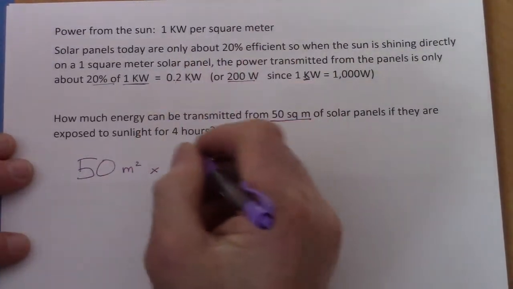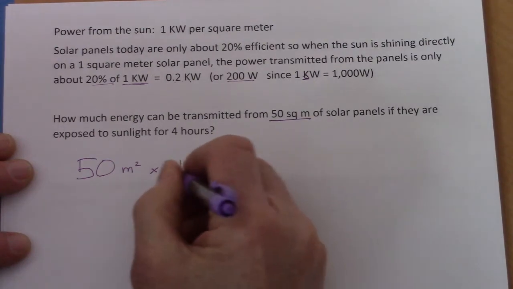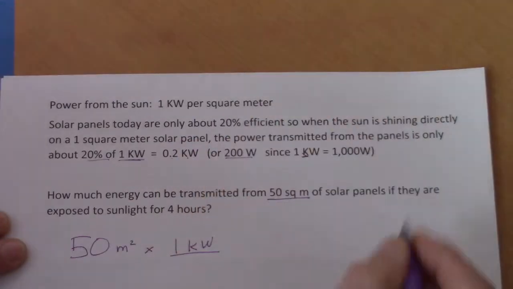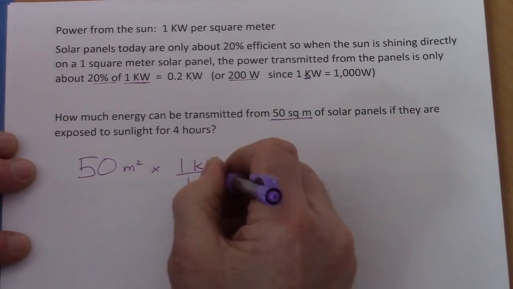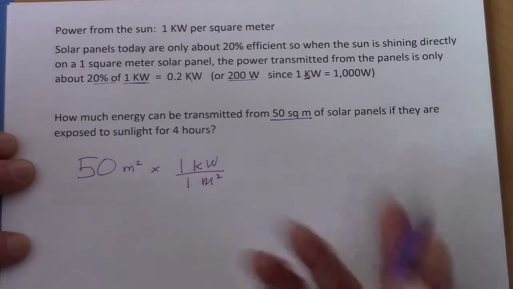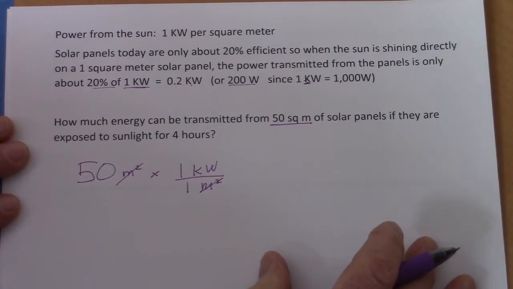So that's 1 kilowatt over 1 square meter. Well, that should be just 50 kilowatts, right? That's the amount of power potential.